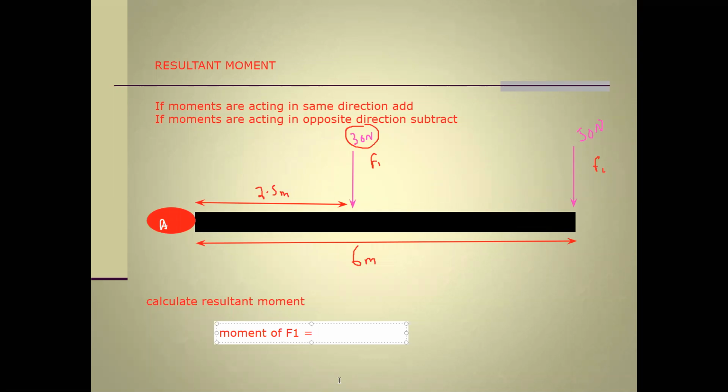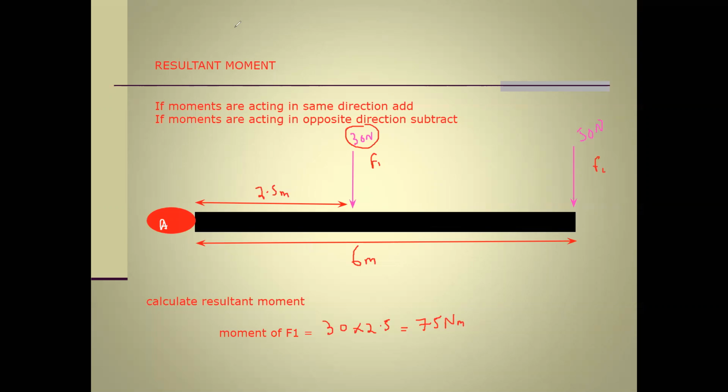So it's 30 multiplied by 2.5. What is the result? It will be 75 Newton meters.